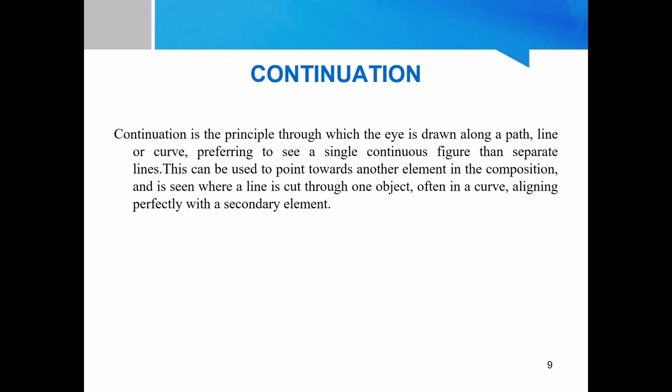Next one is continuation. Continuation is the principle through which the eye is drawn along a path. So we need continuity. There should be something that the eye follows, a line or curve, preferring to see a single continuous figure rather than separate lines. This can be used to point towards another element in the composition and is seen where a line is cut through one object, often in a curve, aligning perfectly with the secondary element.